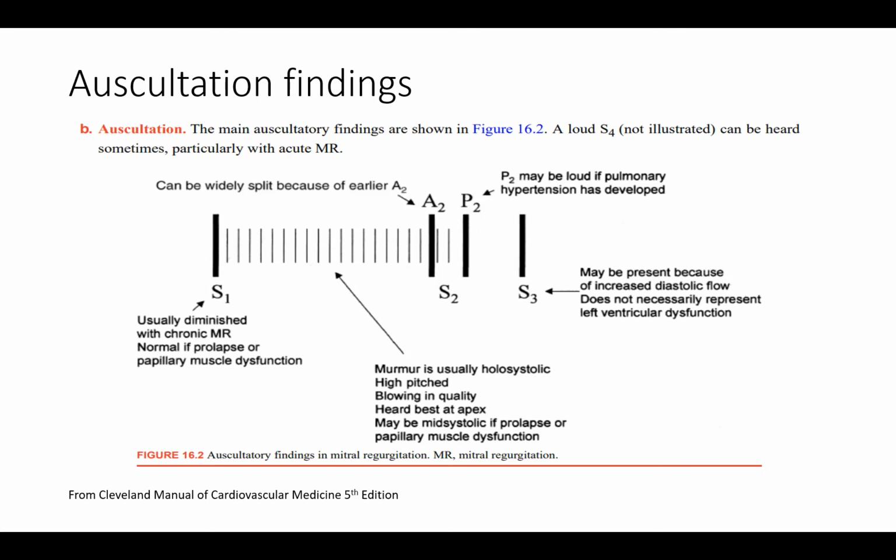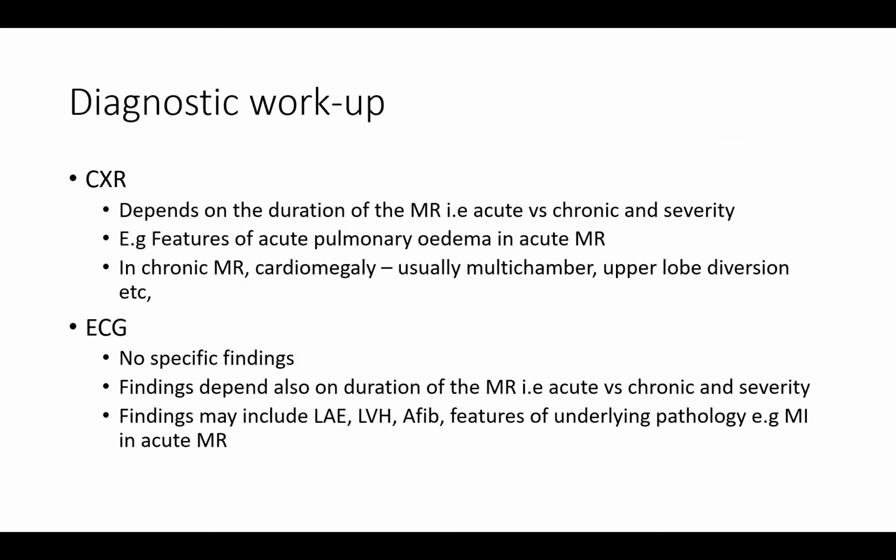So how do we work them up? Chest X-ray would depend on the duration of the MR and the severity. So if we have acute MR, we could have features of acute pulmonary edema on the chest X-ray. If it's chronic, we could have cardiomegaly, usually with multi-chamber configuration. So the LV, the LA, the RV may all be dilated. We could have features of congestion with heart failure, upper lobe diversion, Kerley B lines, and all that.